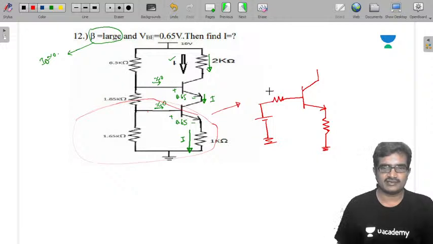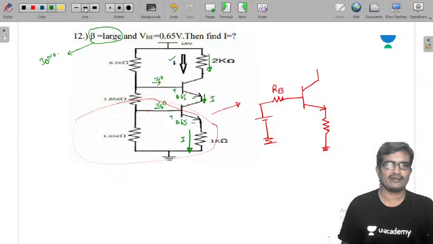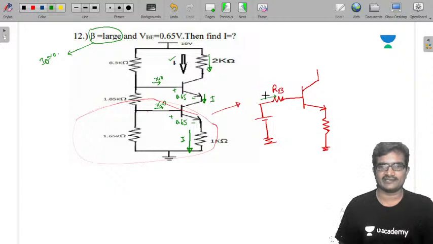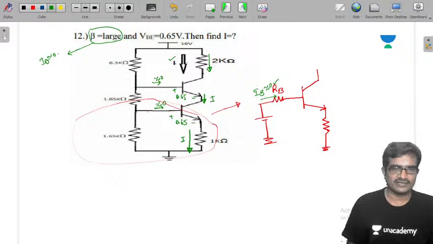This is RB. We don't want to calculate that because IB is approximately 0. Here the base current is approximately 0 because the given beta is large, and this voltage you need to calculate. Now this is nothing but the voltage at this point.